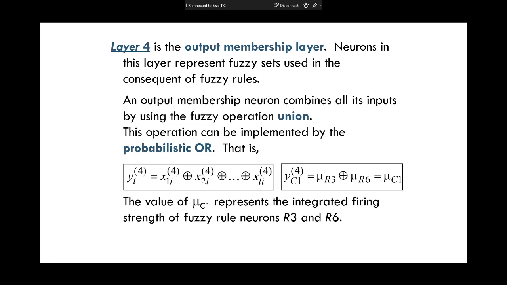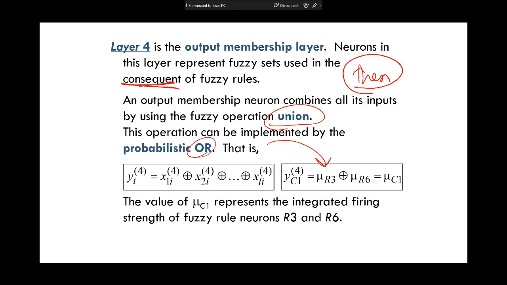Layer 4 is the output membership layer. Neurons in this layer represent the fuzzy sets used in the consequent of the fuzzy rules, so the then part. The output membership neuron will combine all its inputs using the union operator, and this operation can be implemented by using the probabilistic OR, like this.